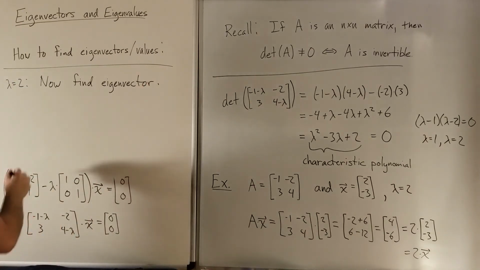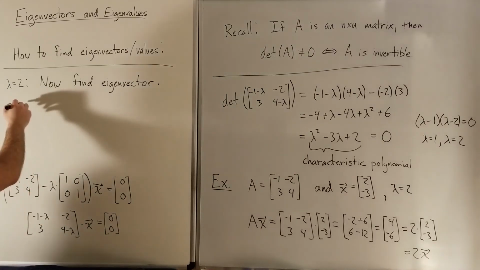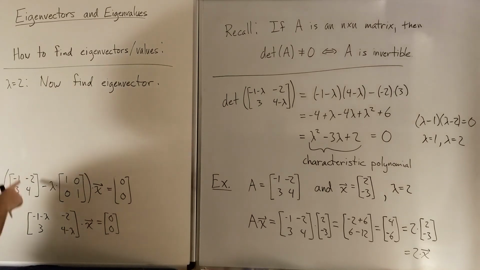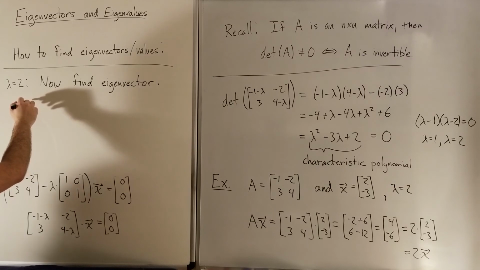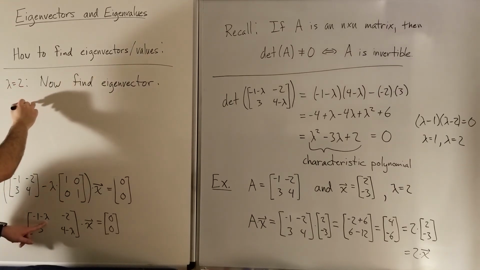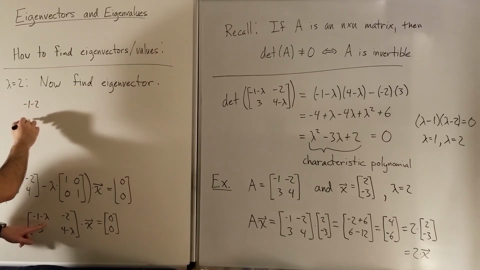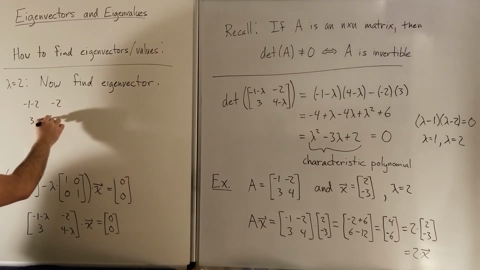The eigenvector is just going to come from taking this right here, times x equal to 0, and solving. So remember, A minus lambda I times x equals 0. And we know what lambda is now. So lambda equals 2 is going to give us -1 minus 2, 3, -2, and then 4 minus 2.